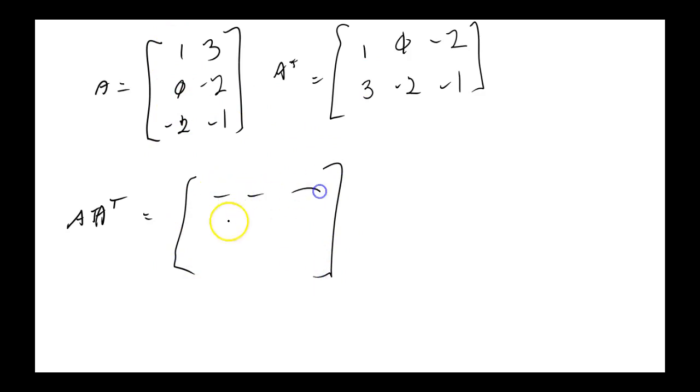So the first entry is 10. Going across, the next entry will be -6. Next entry will be -5.